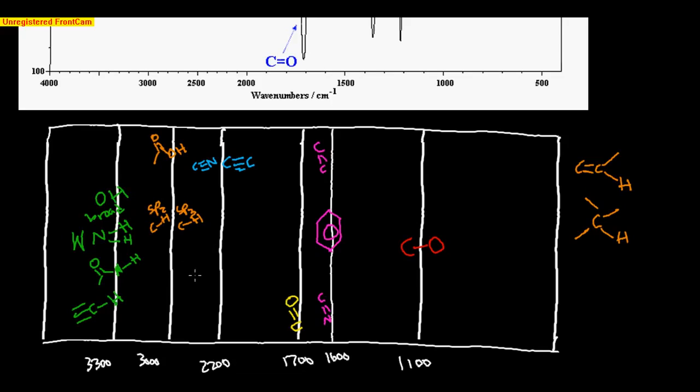Okay, now you may have been wondering, how do you differentiate between, for example, the amide here and the terminal alkyne proton? Well, let me show you this. If you have this stretch here, then you know it's going to show up in conjunction with the carboxyl group, right?